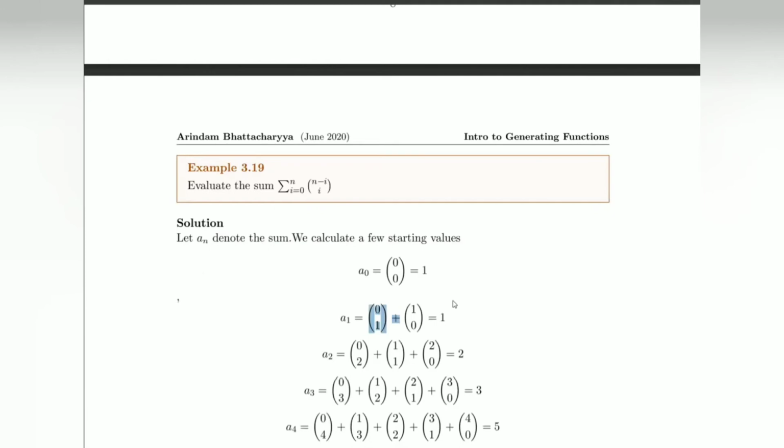This is 0, this is 1, so the sum is 1. a(2) will be 0 choose 2 plus 1 choose 1 plus 2 choose 0. Again, this is 0, this is 1, and this is 1. The sum is 2.